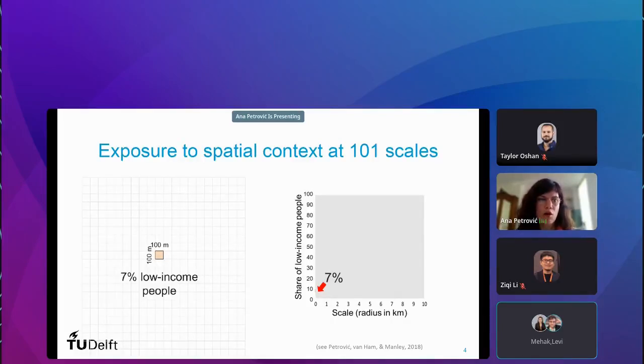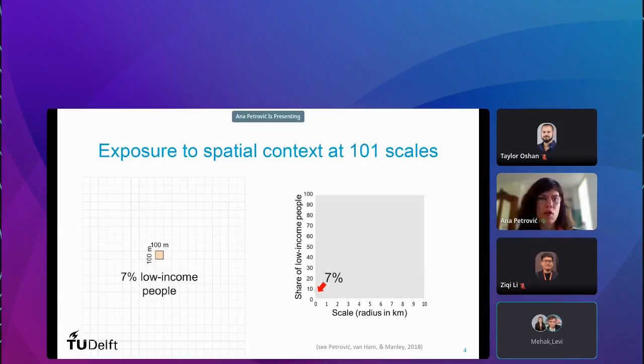So we used geocoded data at a very small spatial scale, 100 by 100 meter grid cells. And just to give you the idea of how large and complex the data is, in the Netherlands there are almost 600,000 of these cells, only populated cells. And this is only one of these examples, only one of these neighborhoods.